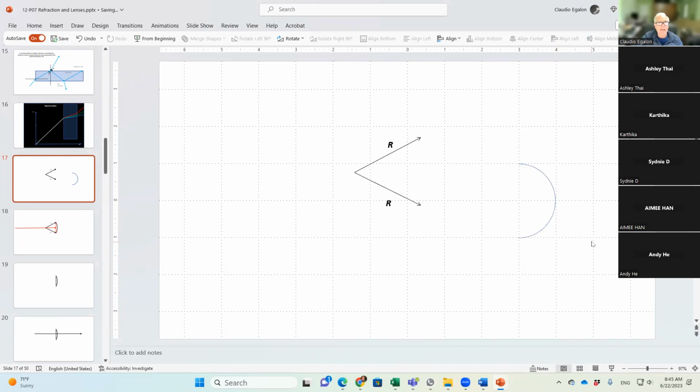Yeah, that's one surface. That can be one surface of the lens. And now I can come up with the other surface of the lens.